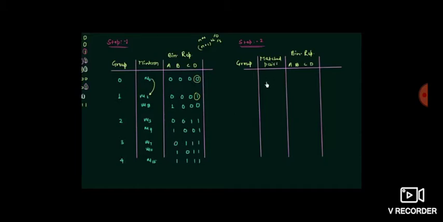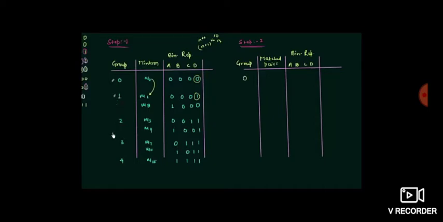So we are writing group number 0, m0 m1, 000 underscore, dash, as the matched pair.